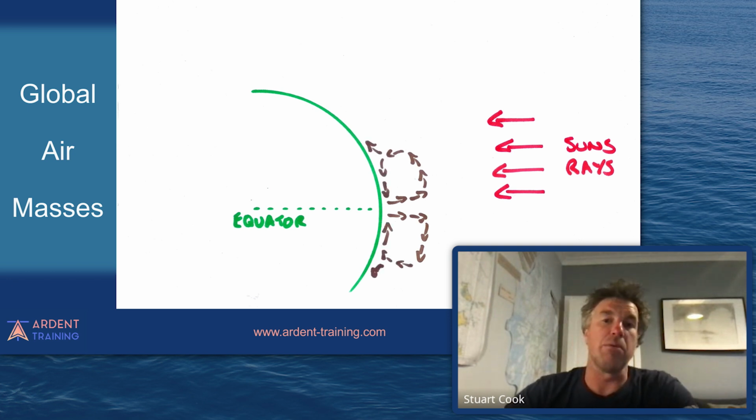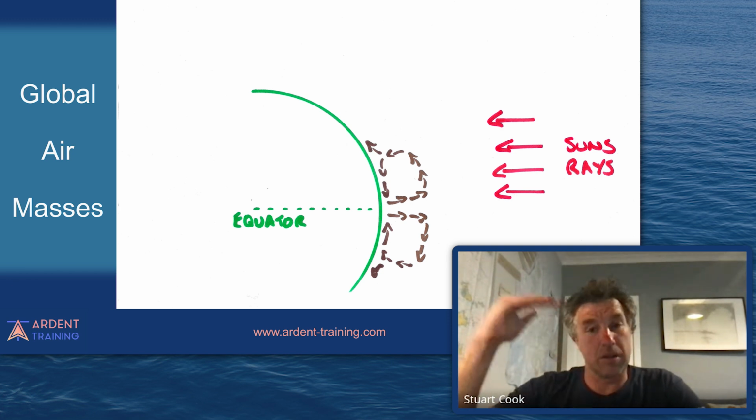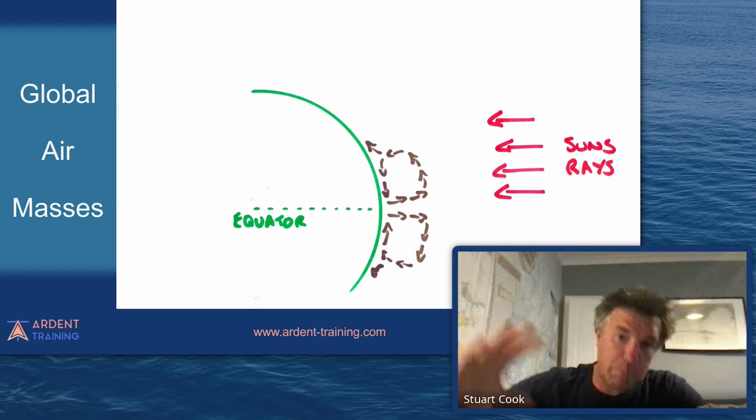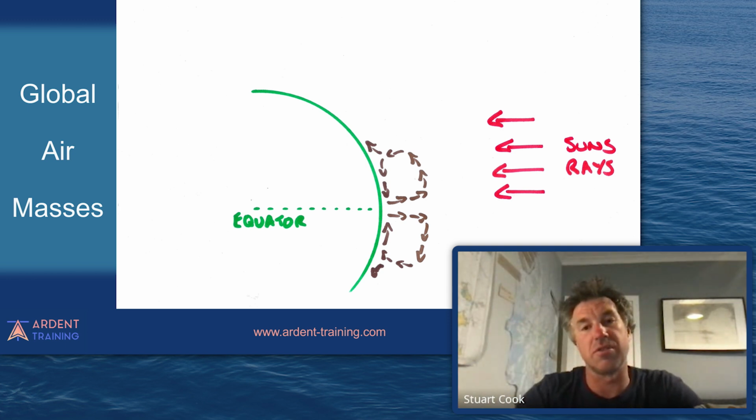As it goes outwards, it eventually cools because it's at a much higher altitude than the surface, and the temperatures up there are much cooler. And so the cool air falls, which is the opposite of the hot air rising. And as that cool air falls, it pushes down on the surface of the Earth.